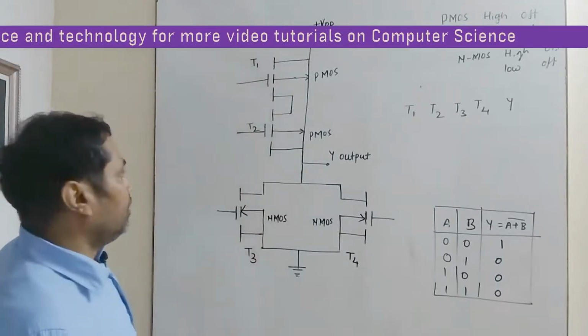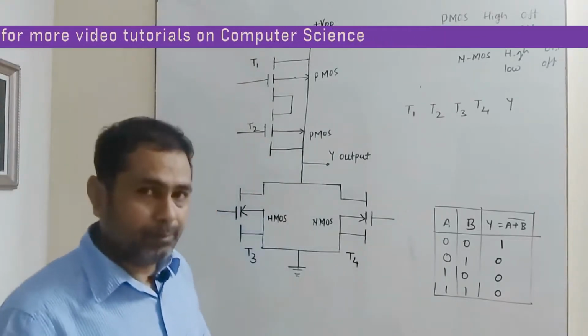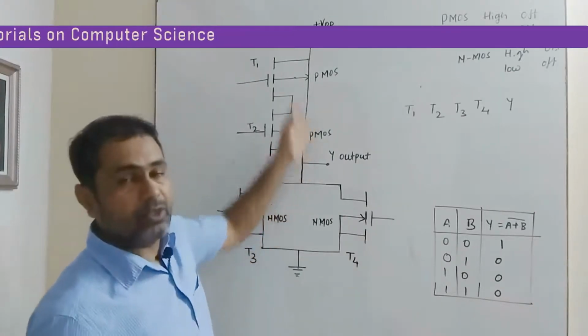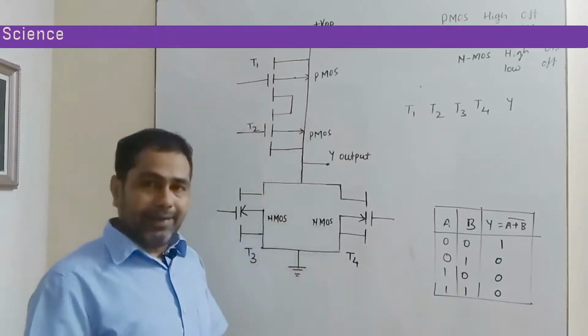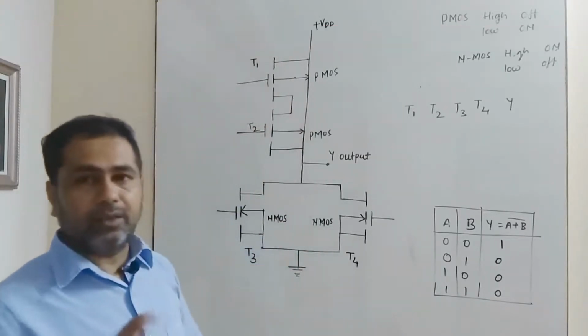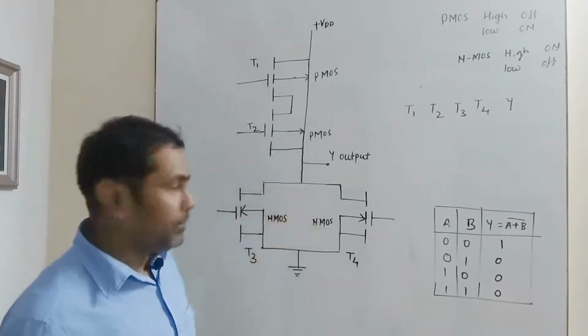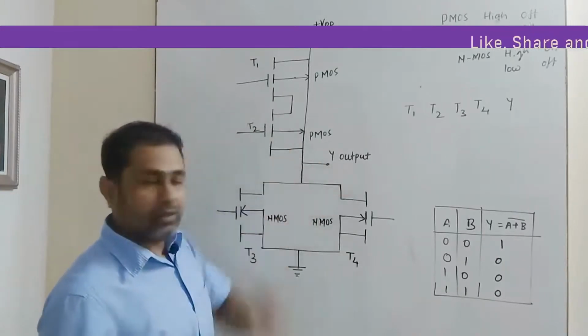In the NAND gate we connected the loads in parallel, while here the loads should be connected in series, while the drivers are connected in parallel. So NAND gate and NOR gate have connections vice versa regarding the loads and the drivers. In between the loads and drivers we have taken an output.